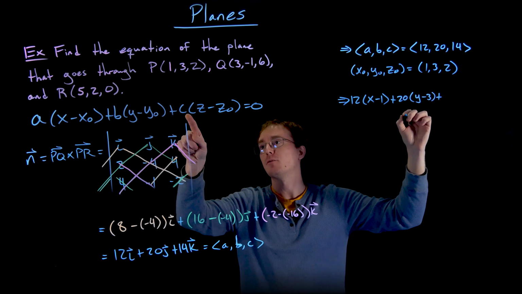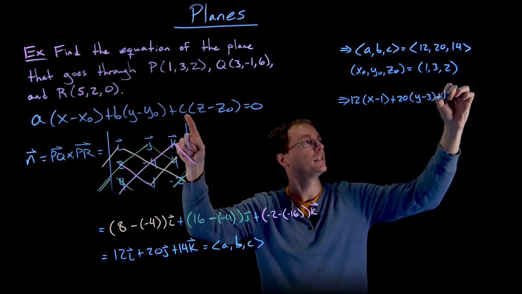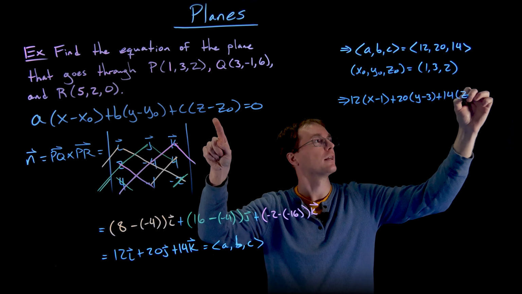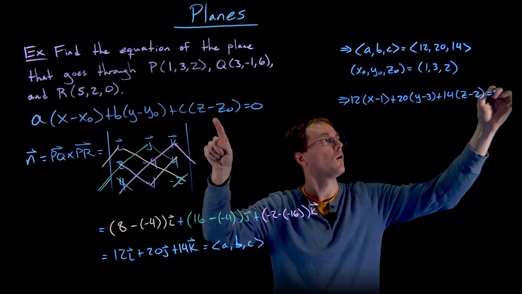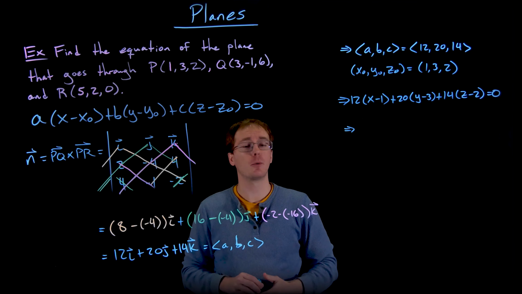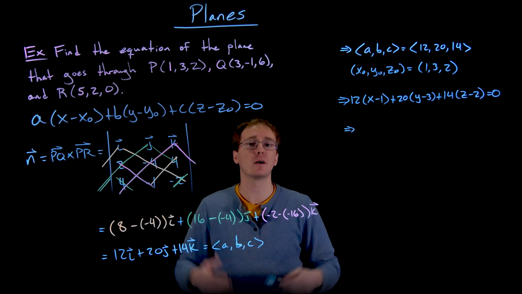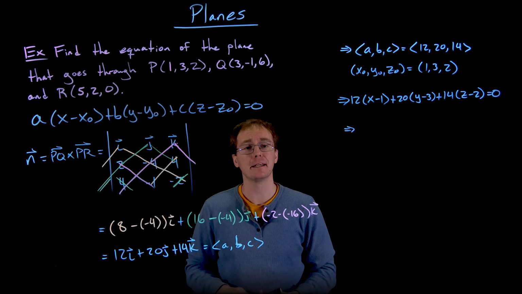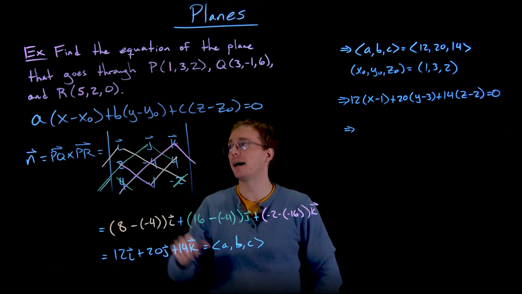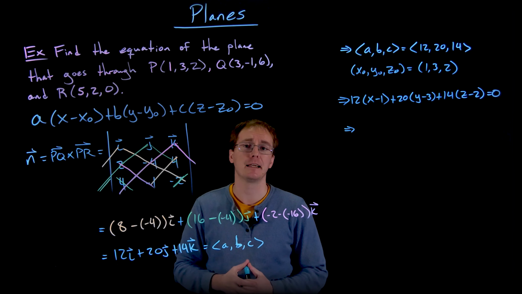To finish this off, we add to this c, or 14, times the quantity z minus z naught, which will look like z minus 2, and all that adds up to give us 0. And so we do have a scalar equation for our plane, and this is kind of like that point-slope form for a plane. So here's our point, and now the slope of our plane is really given by these coefficients of a, b, and c.